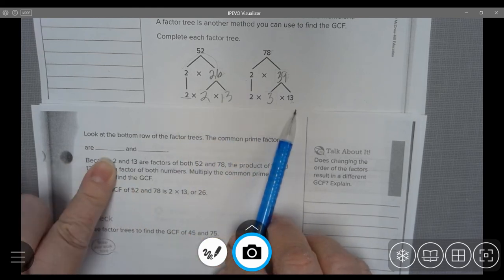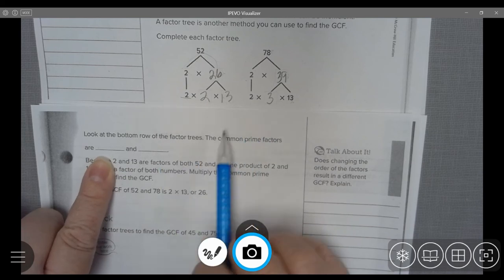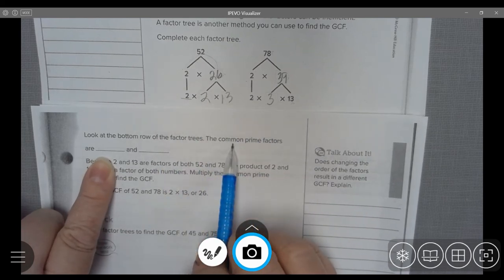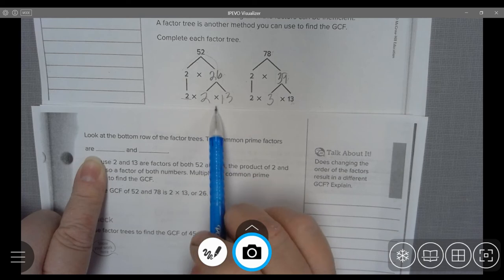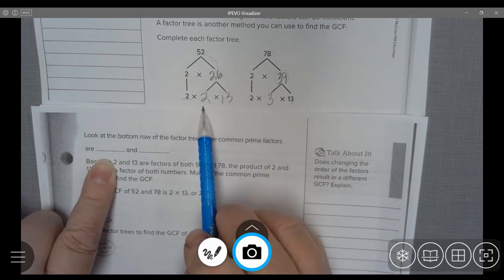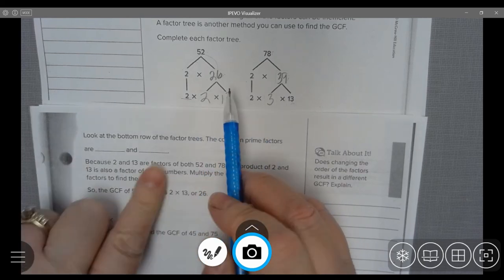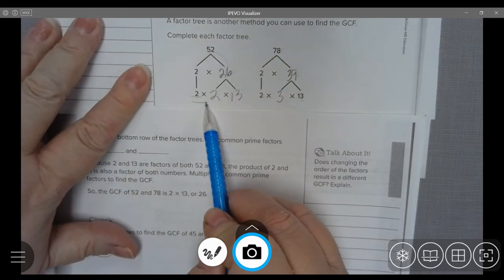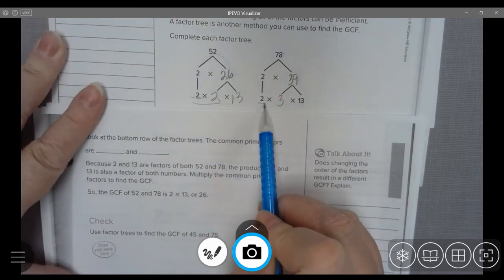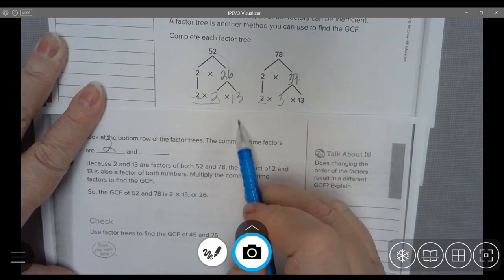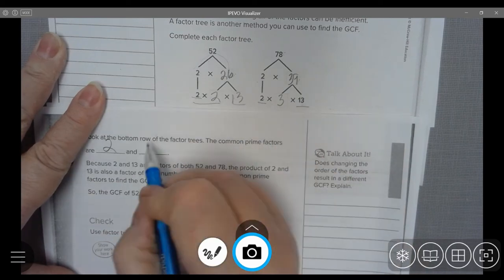You cannot break them down into smaller factors. So if I take a look here, they're asking for common prime factors that are in both of these. So I would say we would have 2's. There's a 2 in each. So we would say 2 is the same. And then 13 and 13.